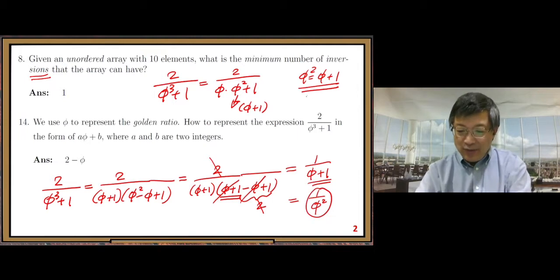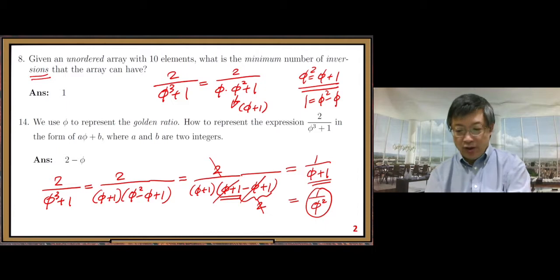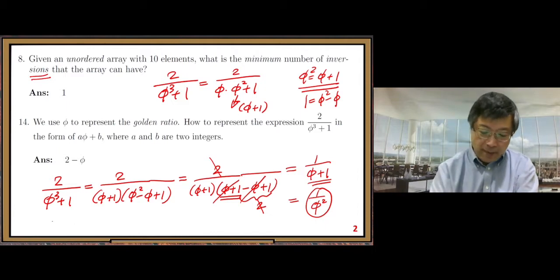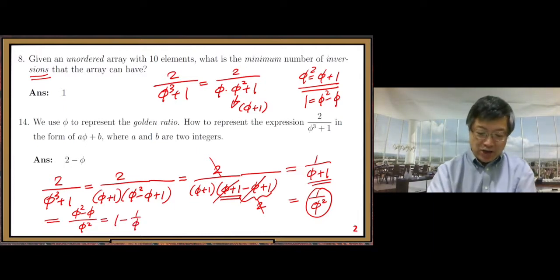Then replace 1 by phi square minus phi. Can you do that? We did it several times. We replace 1 by phi squared minus phi over phi squared. Simplify it: 1 minus 1 over phi. All right, the last step.